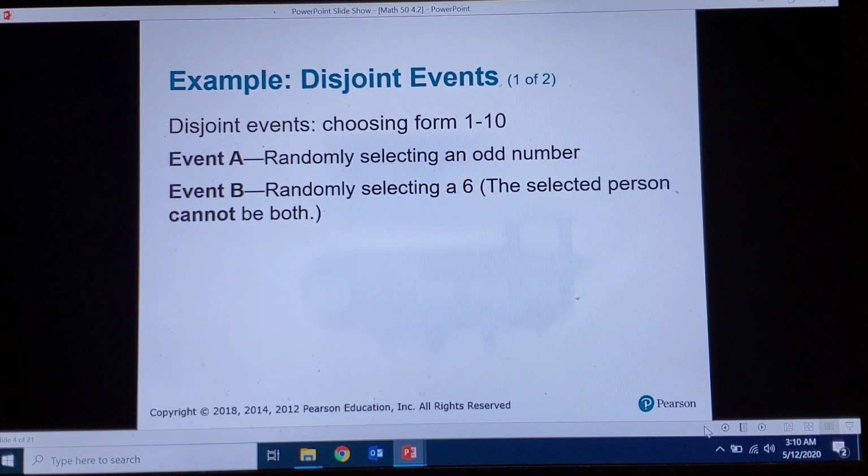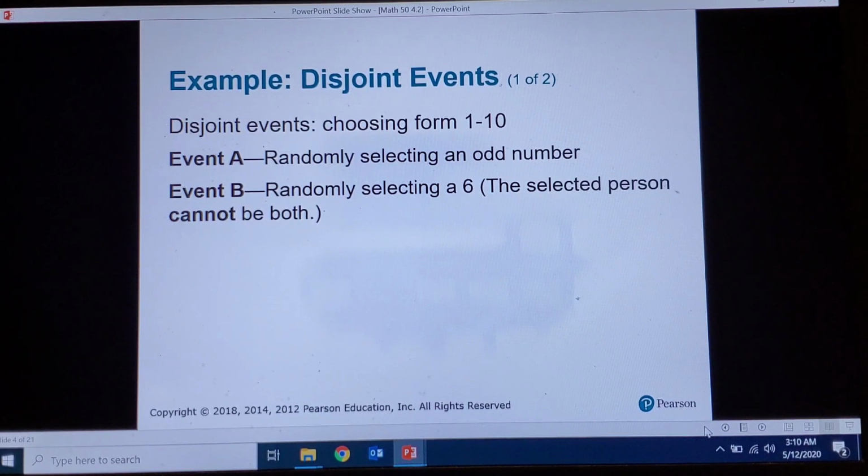You can get an even number that is 6, because 6 is an even number. So now those two events are not disjoint. They're actually joint, meaning that they could happen at the exact same time. So when you're calculating probabilities, you have to watch out for those situations.